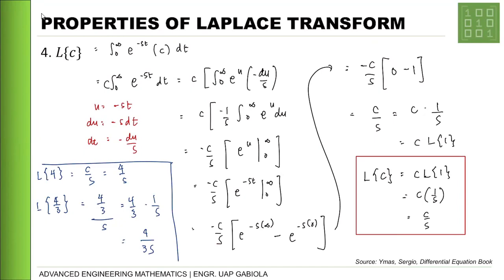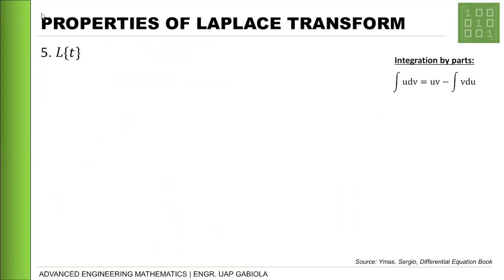Next, what if we have yung variable t lang muna, no? As our function inside the Laplace equation. So, to prove that, again, we use yung ating equation. So, we have 0 to infinity e negative st times t dt.